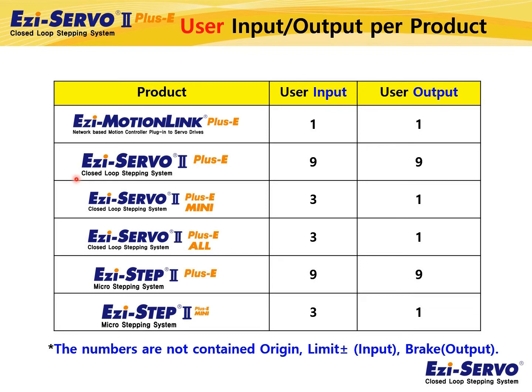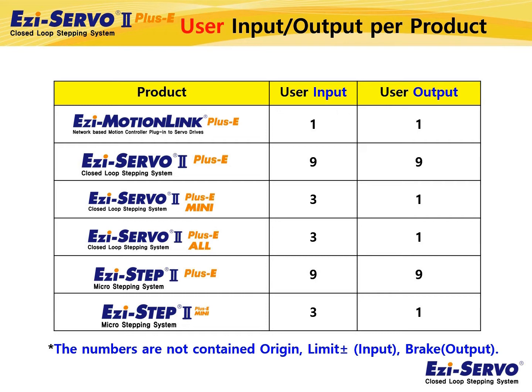For example, AC Servo 2 Plus E can use 9 user inputs in addition to 3 fixed inputs, as I said, origin, limit plus, and minus, and 9 user outputs in addition to 1 fixed output, which is brake.